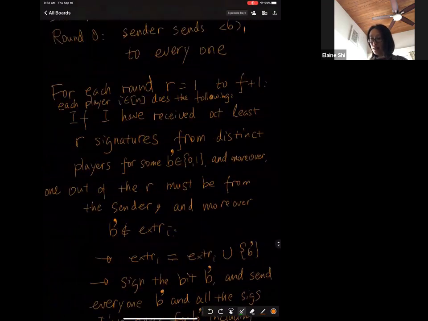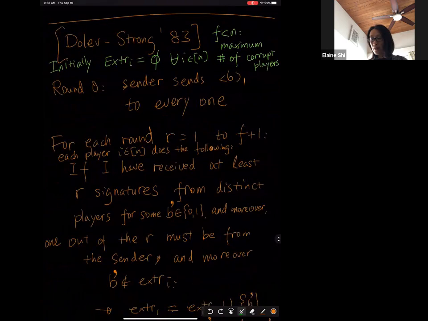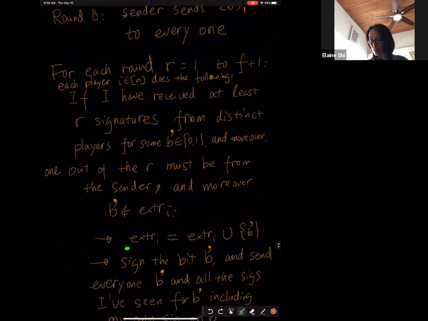If the sender is honest, the sender will send the input bit B in the first round, and then everyone will receive it at the beginning of the next round. So at the beginning of round 1, everyone will have seen the sender's signature on B, and everyone will add B to their extracted set in round 1.